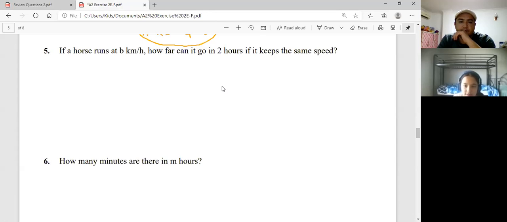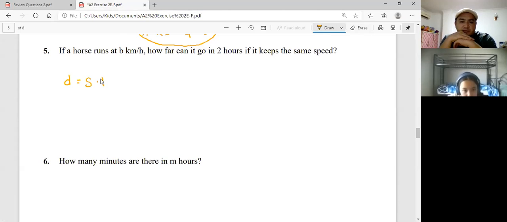So it's b times 2. Yeah, that's right. D equals speed times time, S times T or T times S. Not B, D, distance. D equals S times T, that is speed and time.